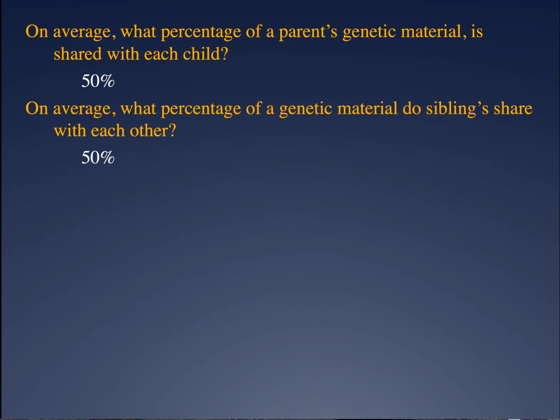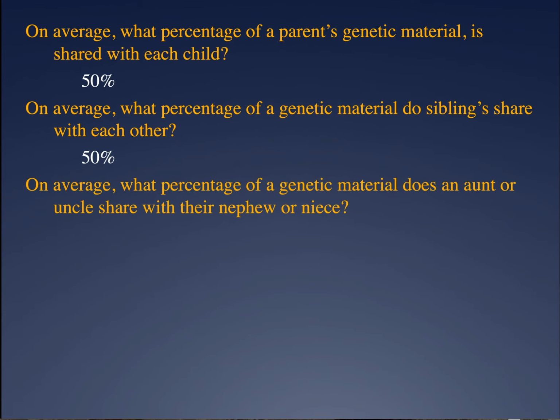So that would be, you didn't get anything in common. At the other extreme, mom could pass along to you and to your brother exactly the same things. And in that case, that'd be 100%. The same thing goes for your dad. Your dad could have passed along the exact same things to you as to your brother, or nothing in common with your brother. And so in both cases, the range is 0 to 100%, and the average of that is 50%. So that's how we come up with 50%.